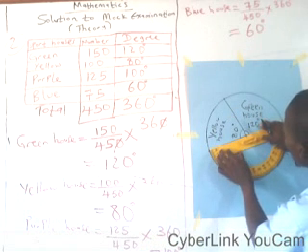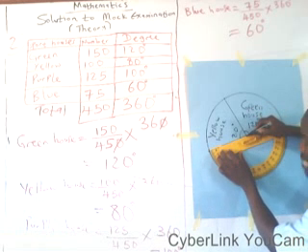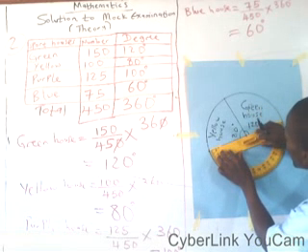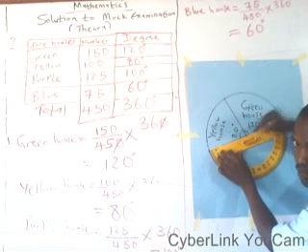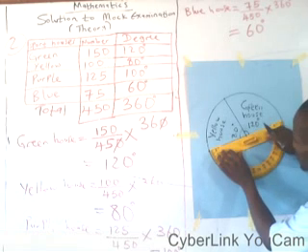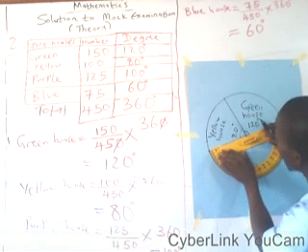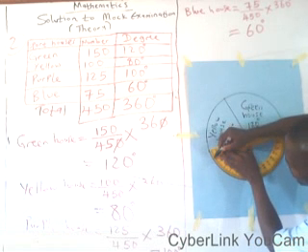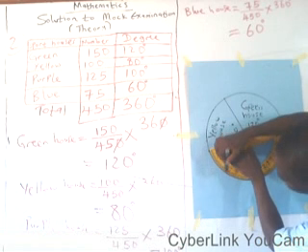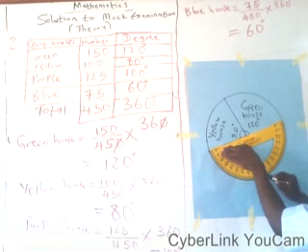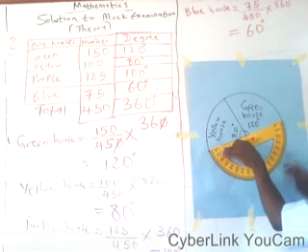Position it in such a way that the center point dotted on your protractor is also at the center point dotted on your paper. After you are through with that, we start the counting again. We are going to 100 this time around. 0, 10, 20, 30, 40, 50, 60, 70, 80, 90, 100. Then dot this place.